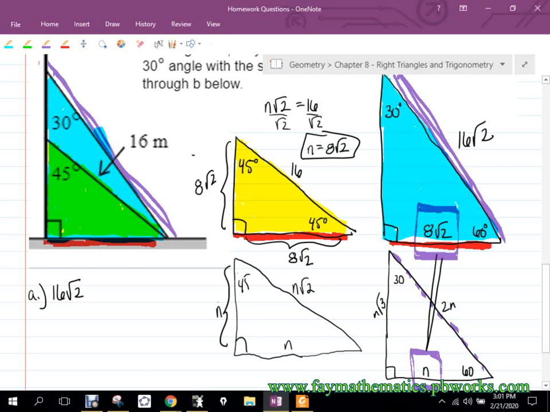Okay. The next part of the question says, how much higher on the building does that second brace reach? Okay. So we want that distance right there. Do you know that distance? Throughout this picture, this process of pulling things apart, do you know if that distance there is 8 radical 2? Okay, so that's good.